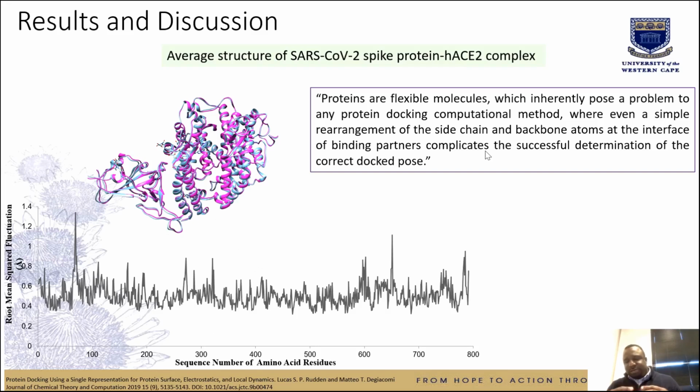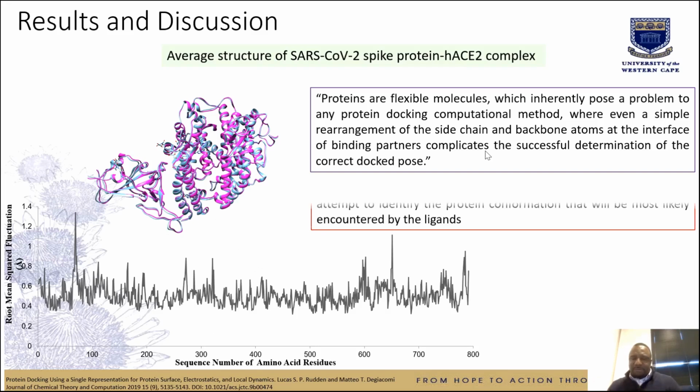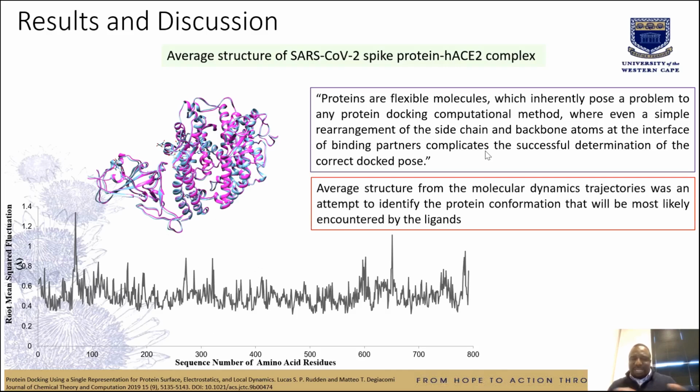So we did a molecular dynamics simulation, and from that we got an average structure from the dynamic trajectories, from the frames or the various conformations we got from the different frames of the simulation, and we were able to calculate an average structure that we think is most likely that the ligand will encounter when it comes in contact with, especially, the HACE2 onto which we want to dock some of the drugs within the DrugBank library.